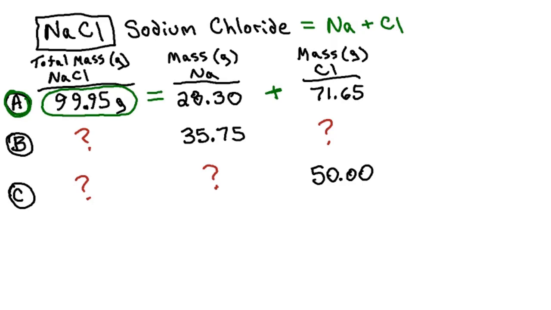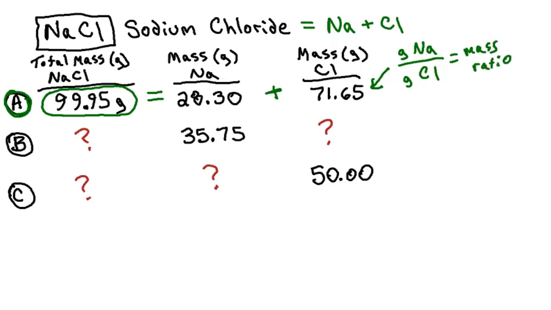Now, in order to figure out the rest of this table, we're going to take what we know from that first line, that first row, and we're going to find the mass ratio. So we're going to take the grams of sodium and divide that by the grams of chlorine, and that's going to give us our mass ratio.